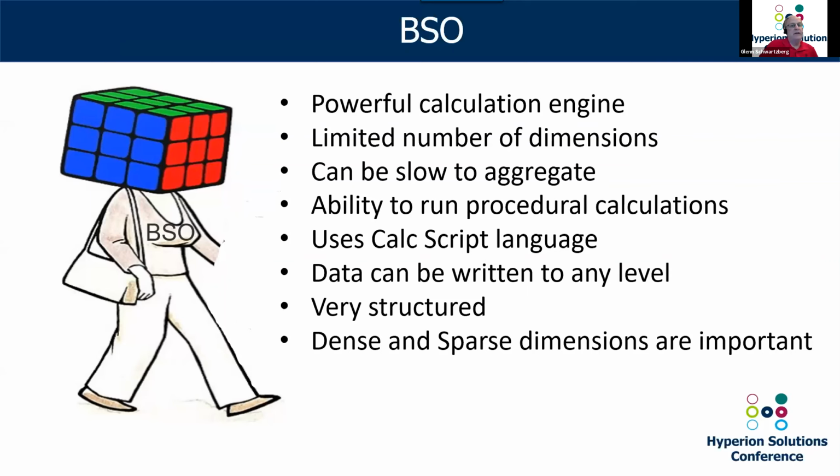But it does give us the ability to run calculations that are procedural in nature. So I do one calculation, based on the results of that, I do another calculation, and so on. It uses a proprietary calculation language that we just call the CalcScript language.